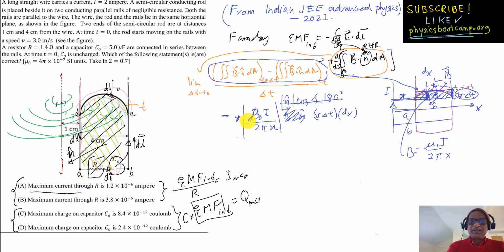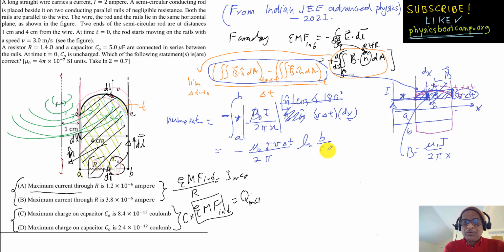That's why it's minus. So this is the integrand, and the numerator is minus this, integrated over x going from a to b. So this is minus mu naught I over 2 pi, the v comes out, delta t comes out, and then you have a log of b over a.